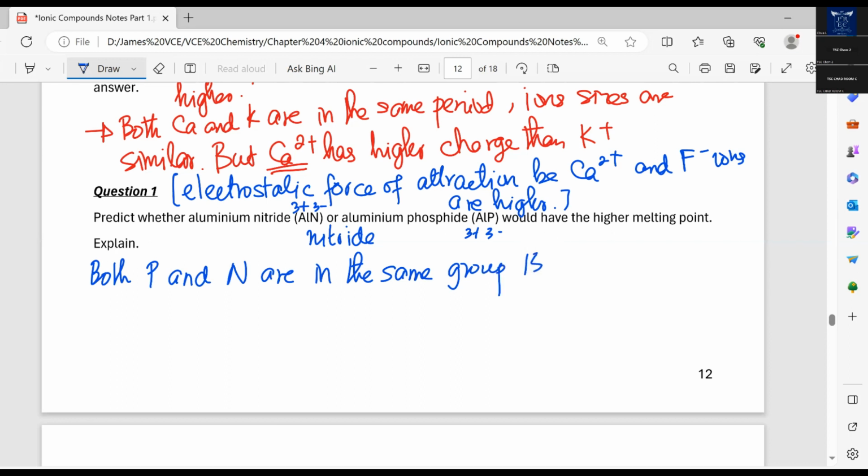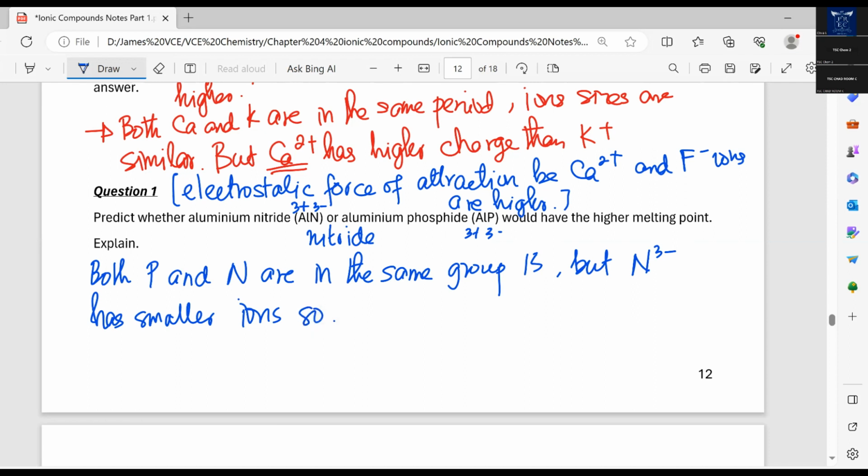But what about ionic size? Which one is smaller? N3 minus is smaller, it forms a smaller ion.